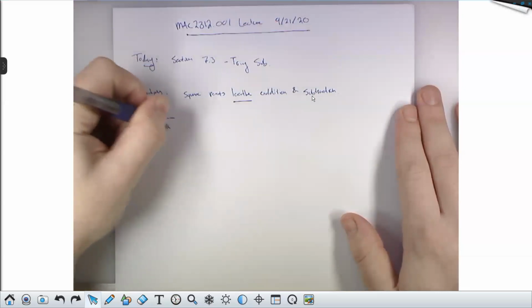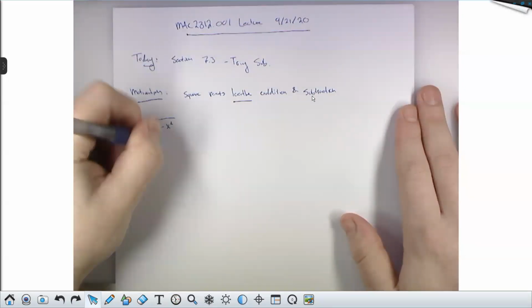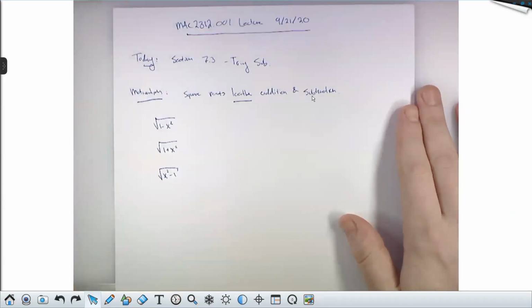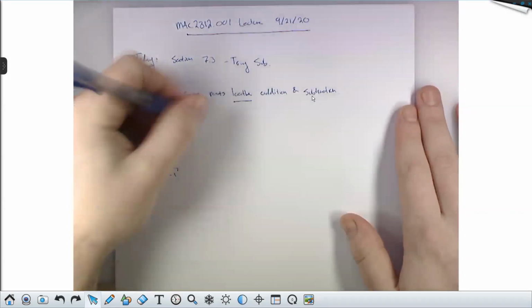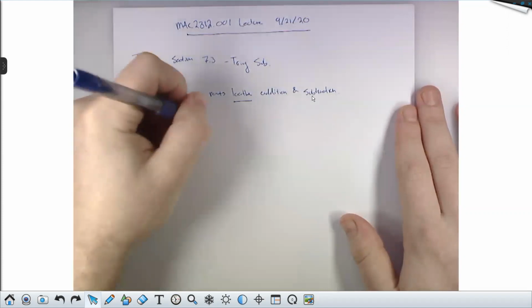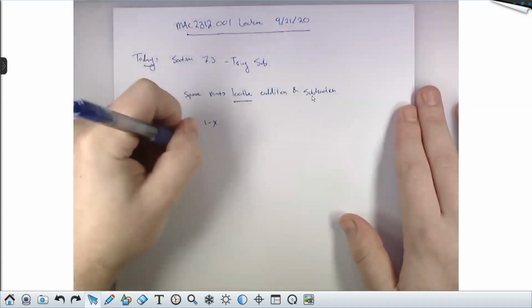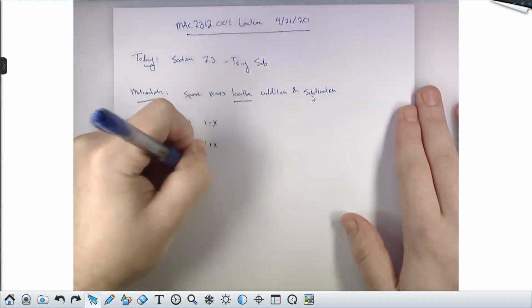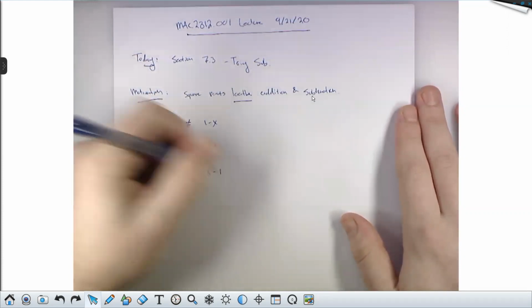Things like this, and this, are actually pretty hard to deal with. This is definitely not 1 minus x. This is definitely not 1 plus x. And this is very much not x minus 1.